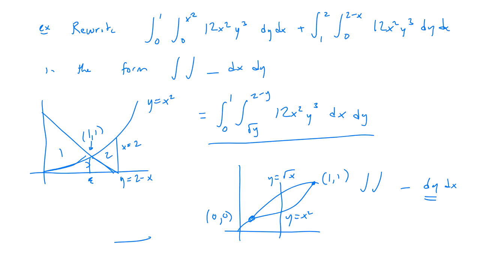In this direction, smaller means at the bottom and larger means at the top. So the smaller function is what I hit at the bottom, which is y equals x squared, and at the top I hit y equals square root of x. And then the outside limits are, for what values is that true? That is true everywhere from here to here, which is x goes from 0 to 1.